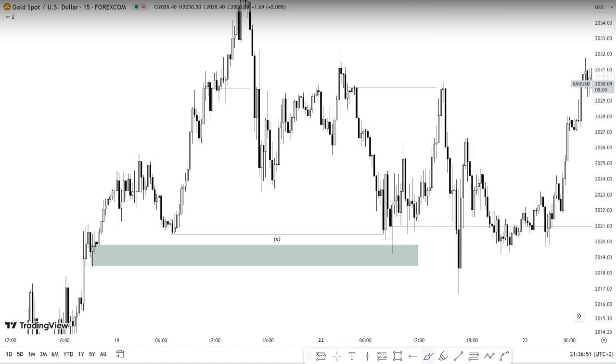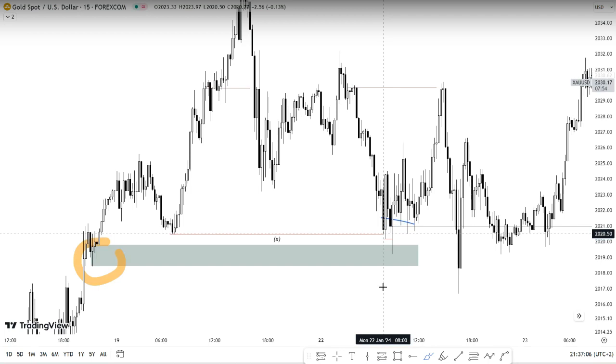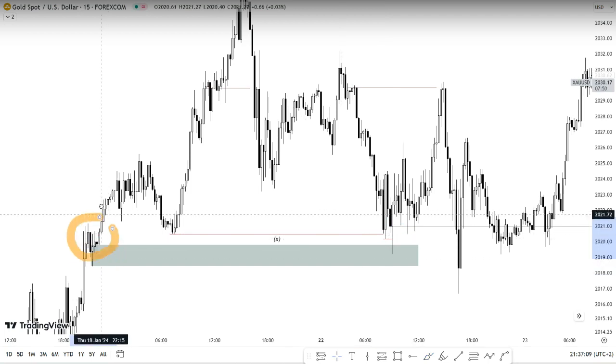We can see this same area of support, but our entries can be different. Your entry can be here, my entry can be here, someone else's entry can be here, depending on your selection of your entry level and your ability to confirm.